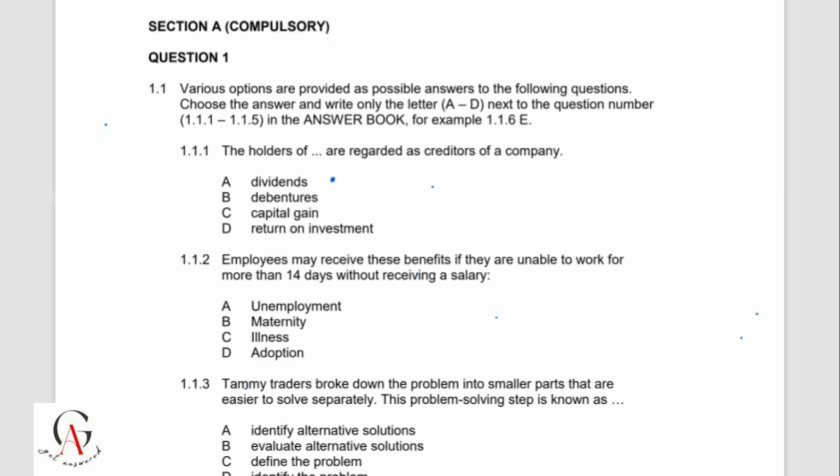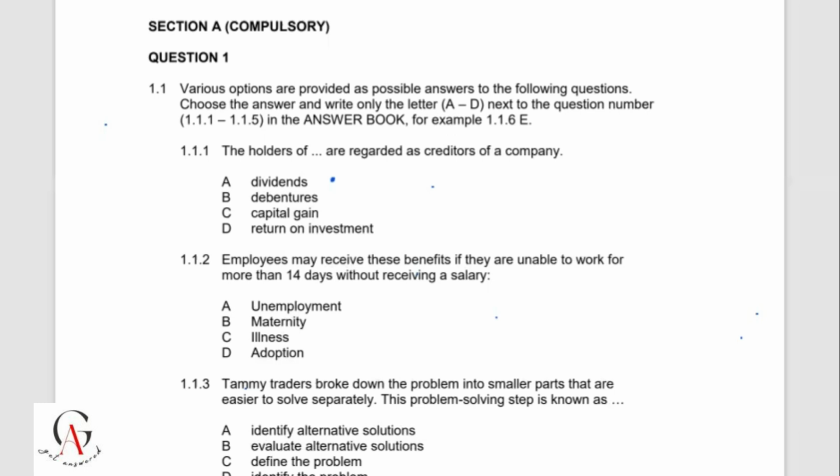Okay, right, grade 12. So now let's go through the questions given. Question 1, various options are provided as possible answers to the following questions. You're expected to choose the answer and write only the letter A to D next to the question number. You have 1.1.1 up to 1.1.5.